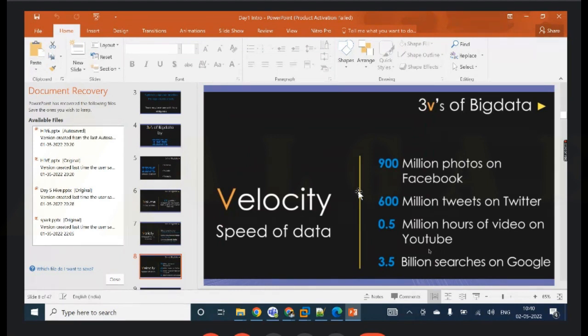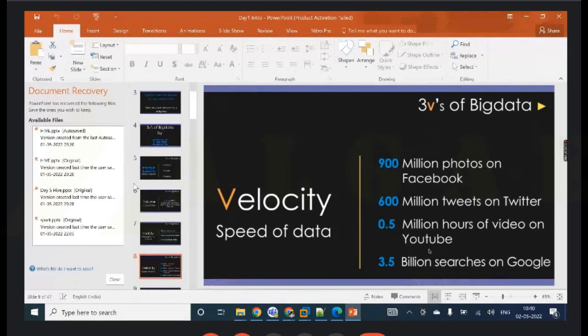It should not increase your time. Currently you are getting 900 million records; in future you can get 1 lakh million or 1 crore, any number. But the time it takes now should be the same when the data is increasing. That is known as speed of data, velocity. It should retrieve your data within a fraction of a second.